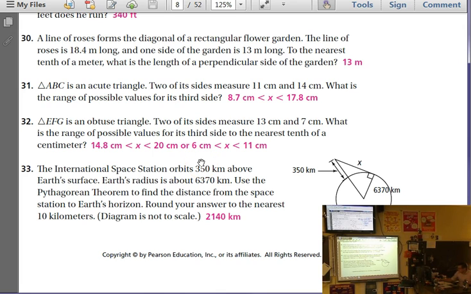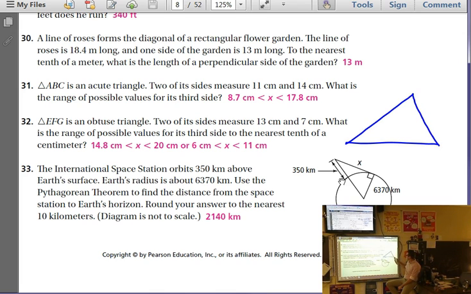If ABC is an acute triangle, two of its sides measure 11 and 14, what is the range of the possible third side? So these two sides, if we have an acute triangle, and this is not going to be drawn accurately, so do not pay attention to how it looks, just pay attention to the math.